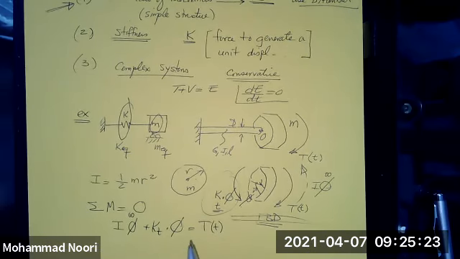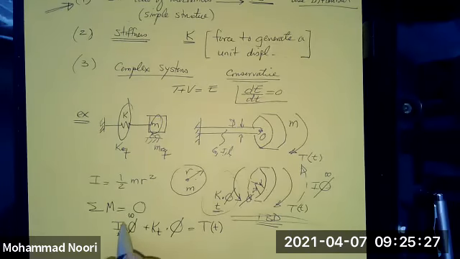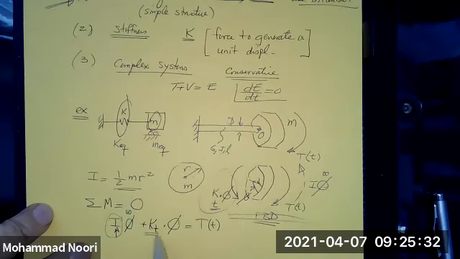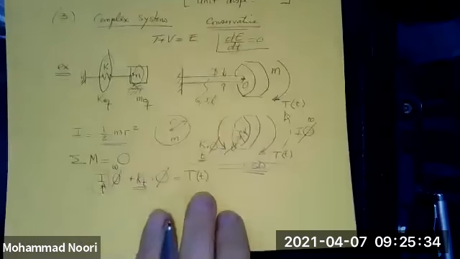So we know what I is. I said that I is easily detectable, which is this. But what is this torsional spring?